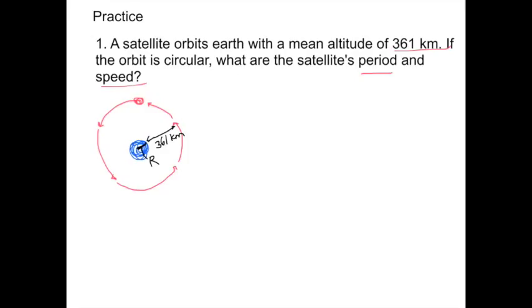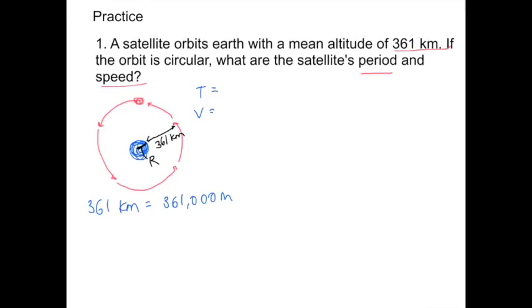So first let's look at some of the facts we already know about the satellite. We have its altitude, which is 361 kilometers, or 361,000 meters. And we're looking for its period and its speed. Now to find its true altitude, or the distance that we'll plug into this equation, we're going to need to add the radius of the Earth.